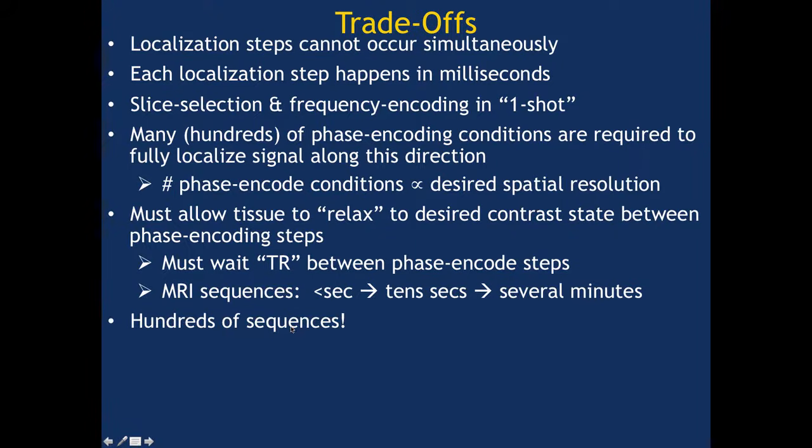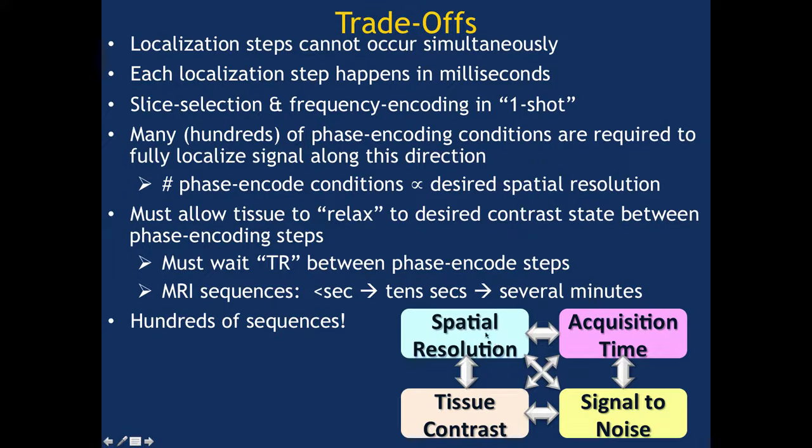There are many, many sequences that we have at our disposal, hundreds of sequences. There are several classes of sequences, though, that we use every day and all the time. All these different sequences are dealing with the trade-offs that we have between spatial resolution. How much spatial resolution do we need to show that anatomy? How long is it going to take to acquire that data?